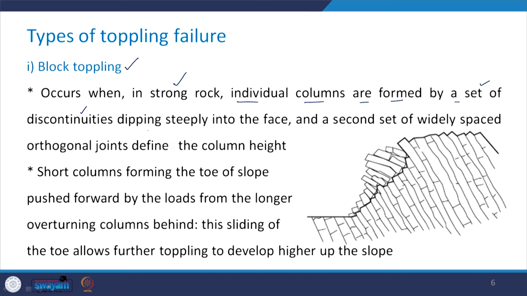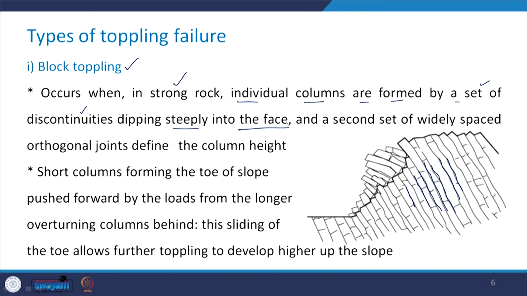Take a look at this figure. So, we have a set of discontinuities which are dipping in this direction. This is one set of discontinuity. So, these are steeply dipping into the face.